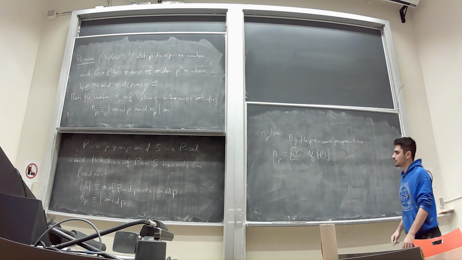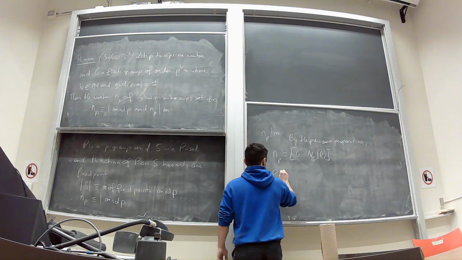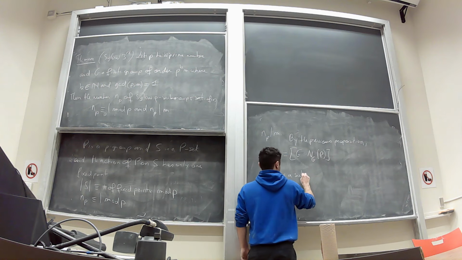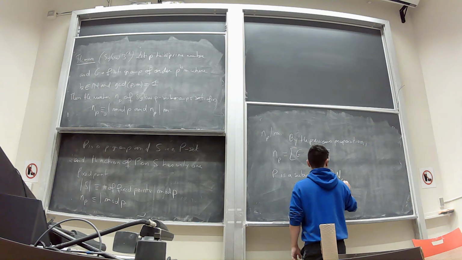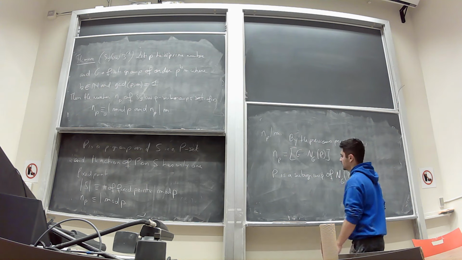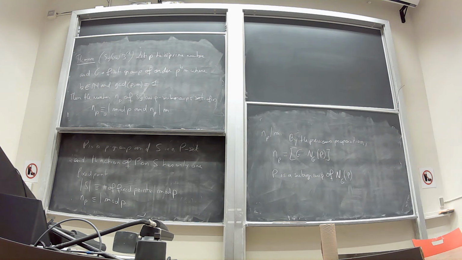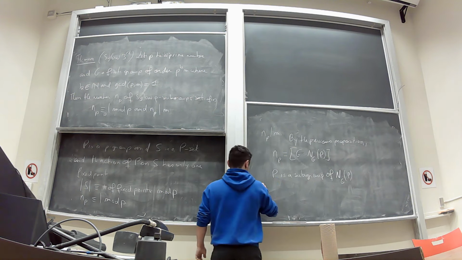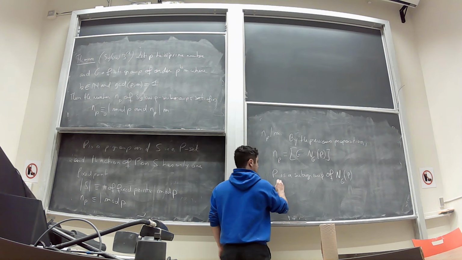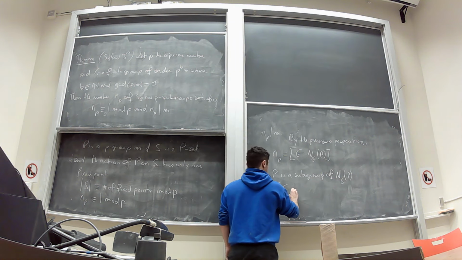Now, I know that P is a subgroup of NGP. It's a bit stronger: P is a normal subgroup of NGP, but let's not worry about that too much. P is a subgroup of NGP, and G is a finite group, of course.